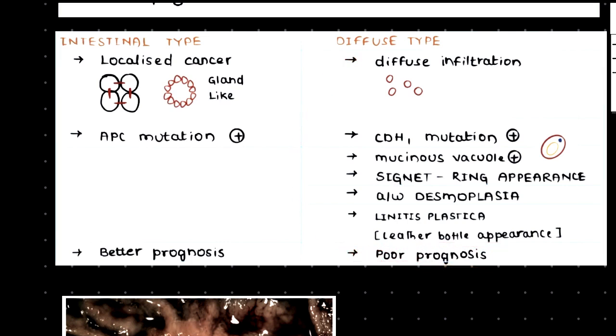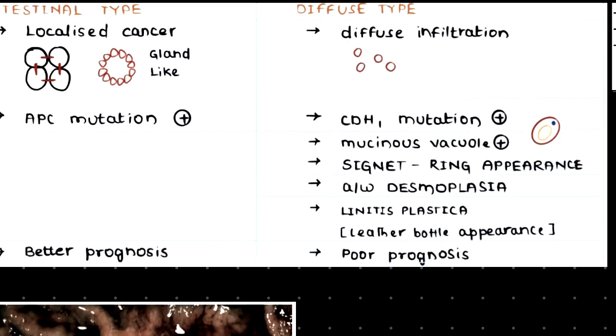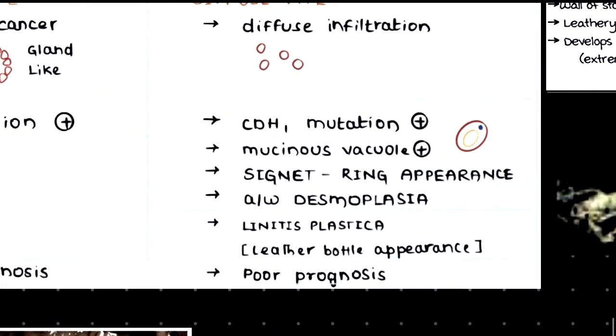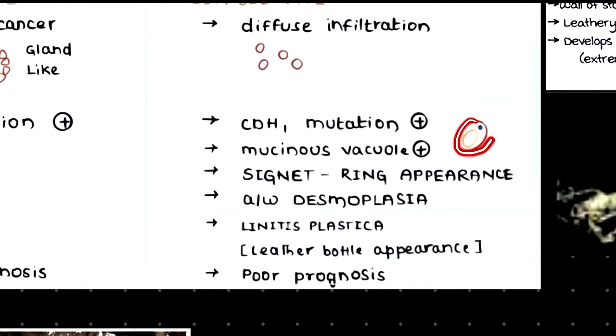Now talking about another thing, let us move toward how they will be seen, right? There will be signet ring appearance in the case of the diffuse type. Now how there will be the signet ring appearance, I would like to show you. This is our tumor cell, right? Now this is our nucleus, and inside the tumor cell, what we'll find is a mucinous vacuole.